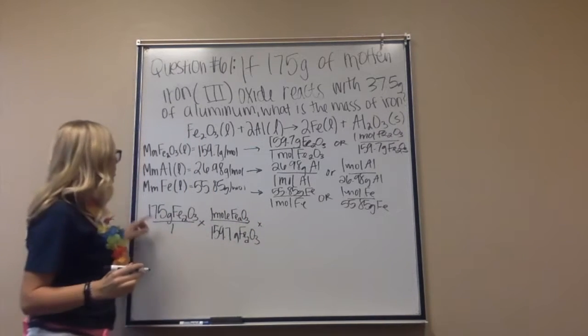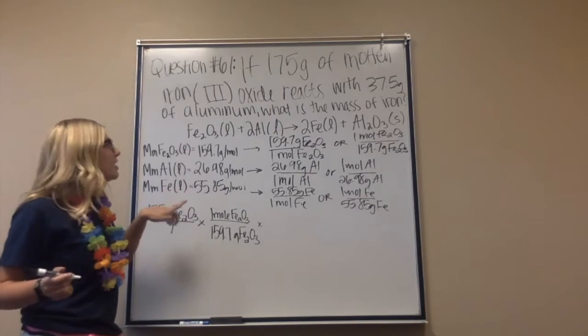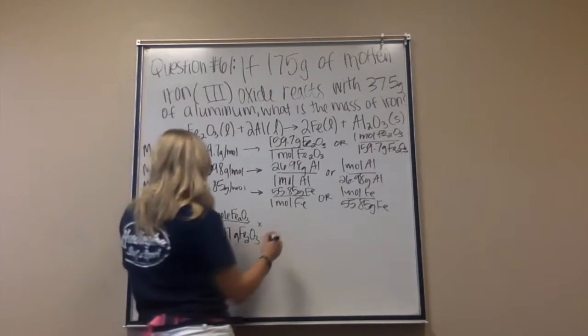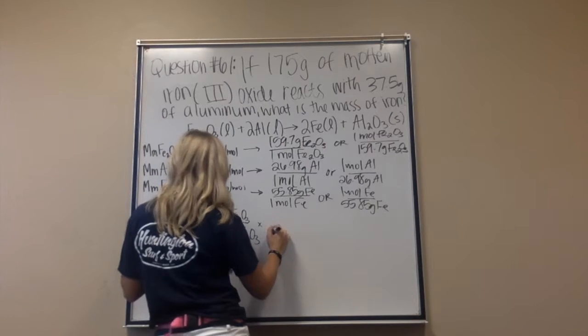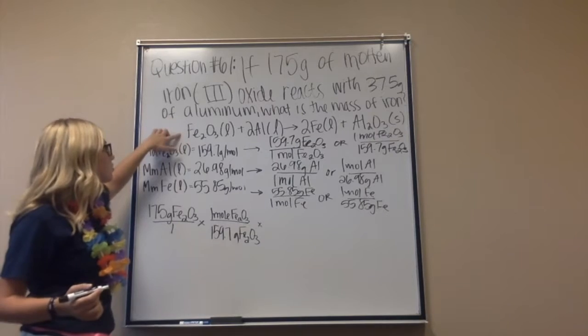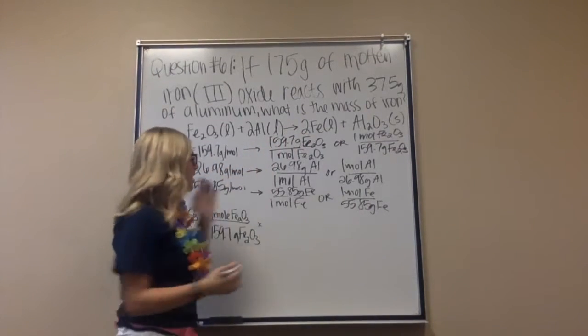Then we do the molar ratio of Fe2O3 and what we're trying to find, which is the mass of iron. You use the balanced equation for that. There's just one coefficient in front of Fe2O3, and there's 2 for iron.